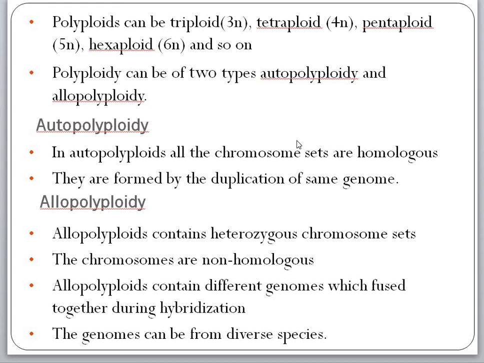In aneuploidy, we discussed monosomy, nullisomy, and trisomy. That is 2n minus 1, 2n minus 2, and 2n plus 1 condition. When more chromosomes are added to the trisomy condition, it can be double trisomy. Sometimes 3 or 4 chromosomes can be added.